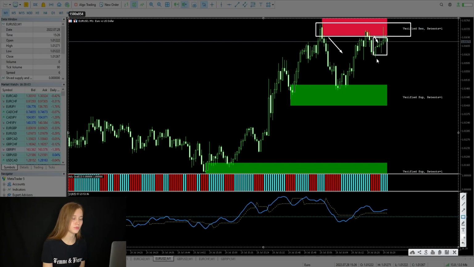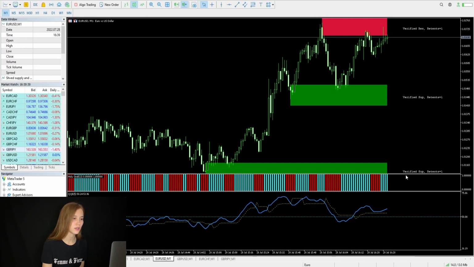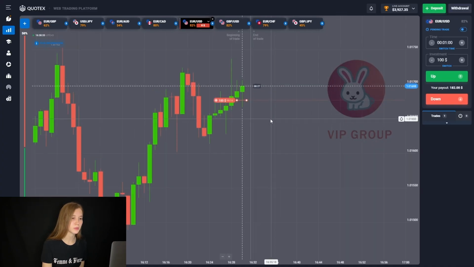We move down, and here we have worked out the resistance zone and move to Quotex.